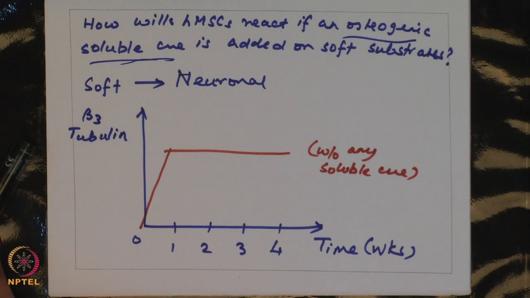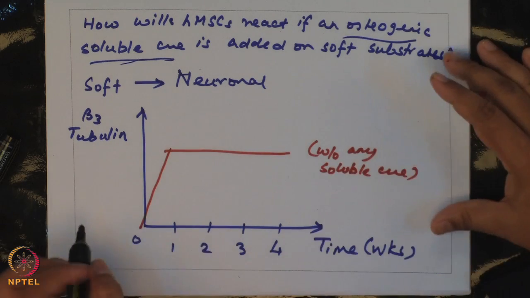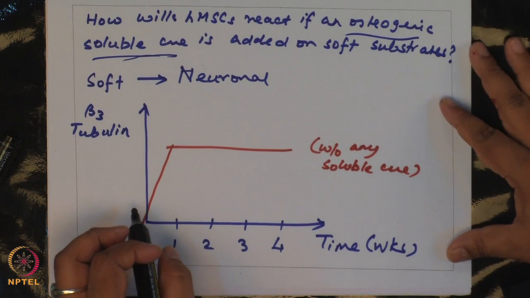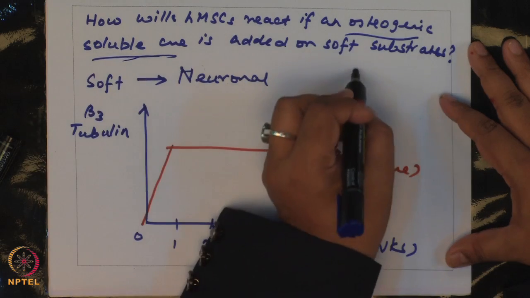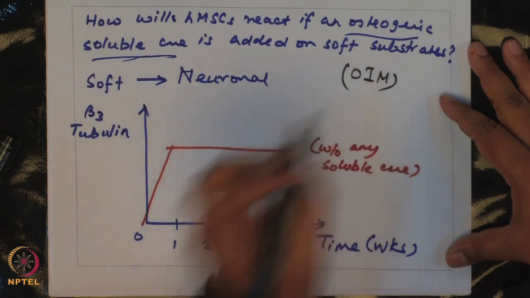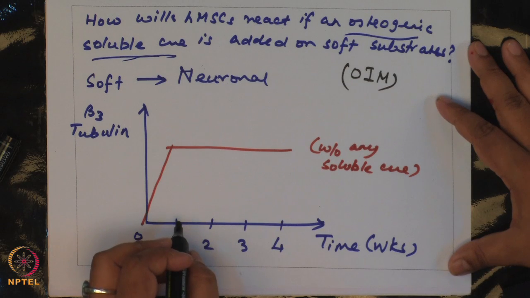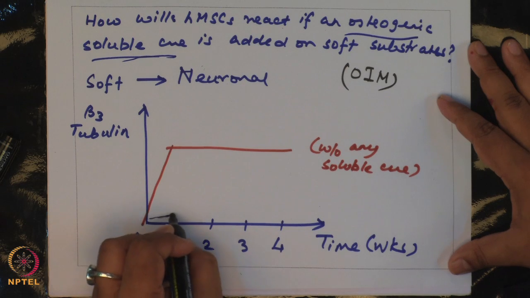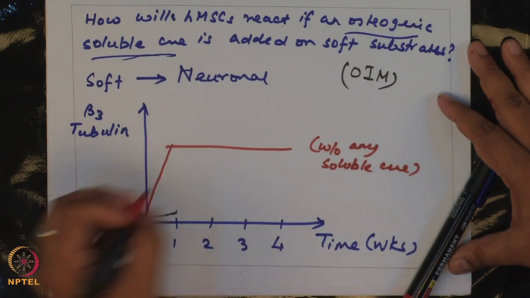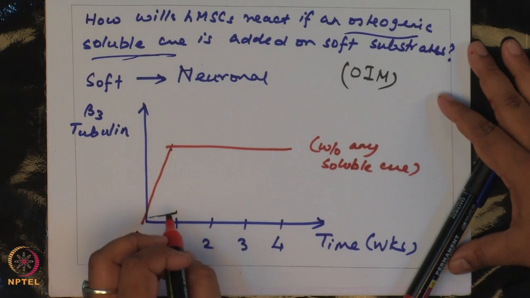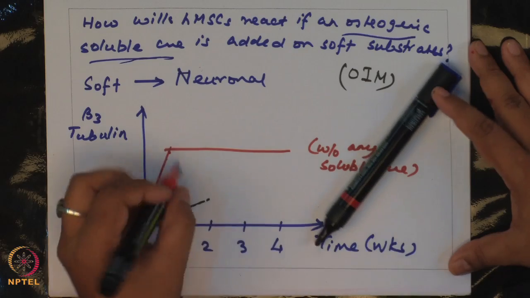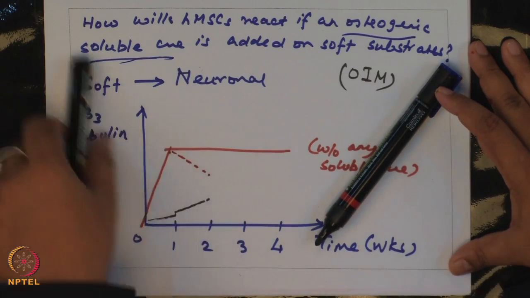If the authors added osteogenic media, OIM, which is osteoinduction media, at 1 week, what they observed was that after 1 week the osteogenic factor, CBFA alpha 1, increases and the adipogenic neuronal factor decreases.